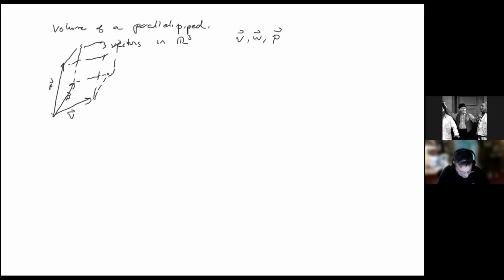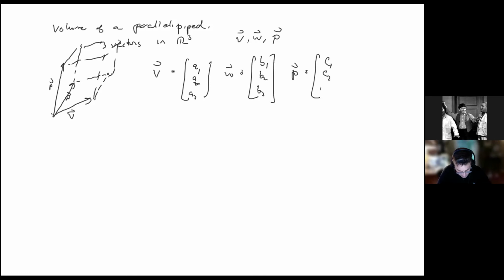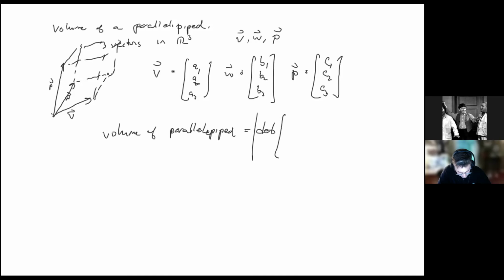And the statement is that if v equals (a1, a2, a3), w is (b1, b2, b3), and p is (c1, c2, c3), then the volume of the parallelepiped determined by these vectors is given by the absolute value of the determinant of the 3x3 matrix formed by the 3 vectors: a1, a2, a3, b1, b2, b3, c1, c2, c3. And as you can imagine, proving this is not so immediately easy.